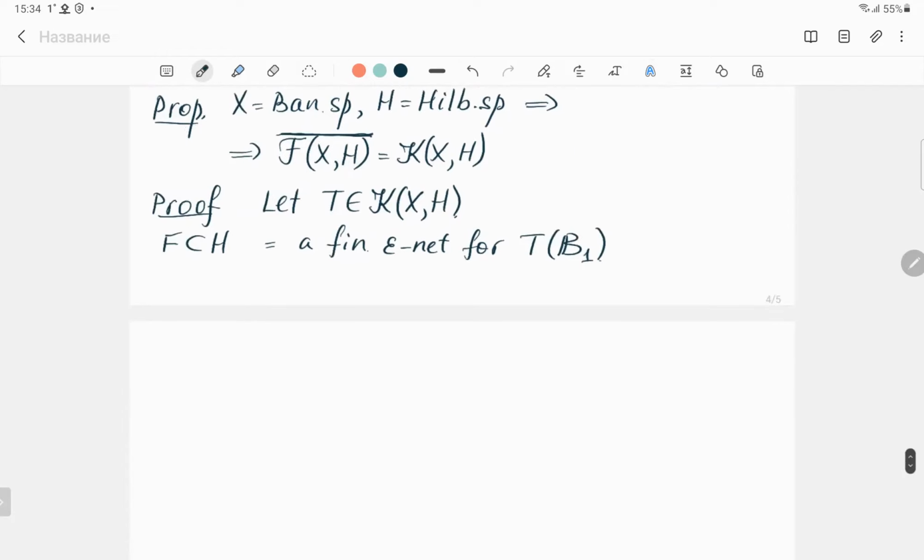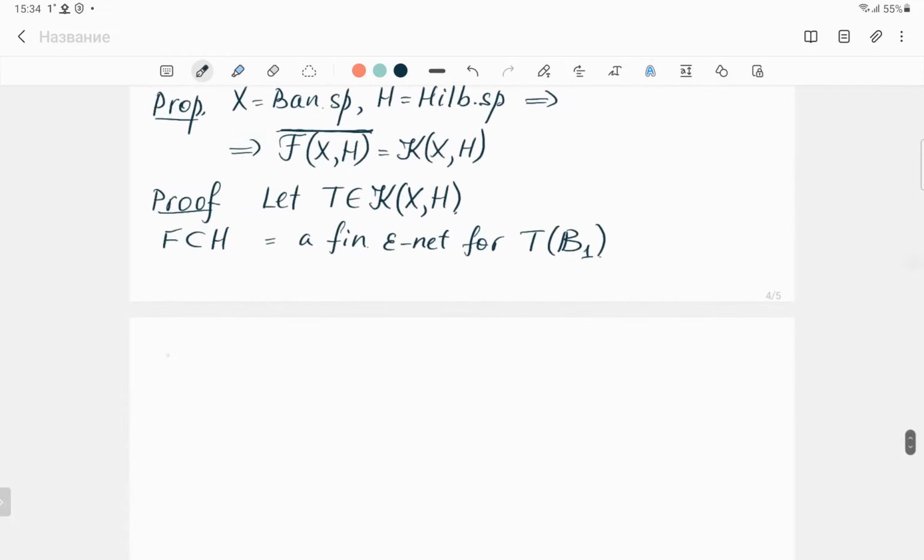Let's take the linear span. Let H0 denote the linear span of F. This is a finite dimensional vector subspace of H. A finite dimensional space is closed in H, and we have the following direct sum decomposition: H0 plus H0 orthogonal.